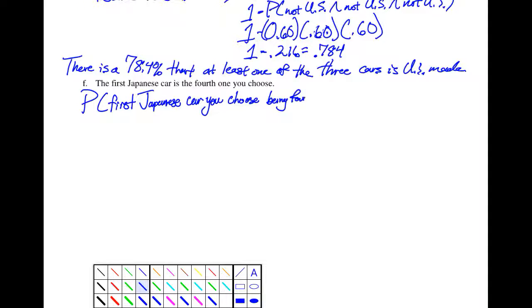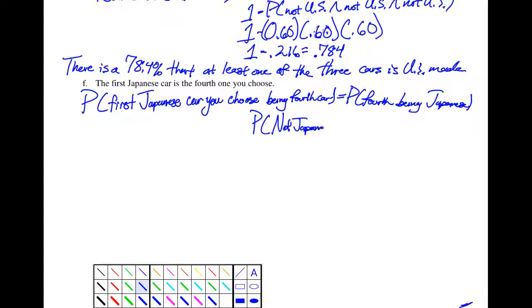So that is equal to the probability of the fourth being Japanese. So to find that, as mentioned before, we're going to use the multiplication rule. So we would do the probability of not being Japanese for the first three, because those first three won't be Japanese.